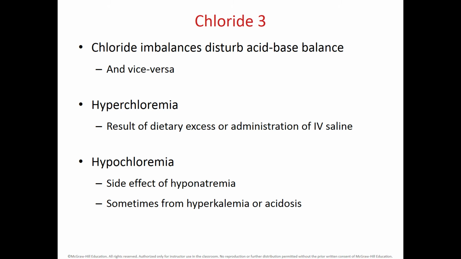So you expect to have not only an increase in sodium, but also in chloride. Or when someone has administration of IV saline that is hypertonic, you expect an increase in chloride too. Hypochloremia would be the opposite, is the side effect of hyponatremia, and it can also be a result of hyperkalemia or acidosis.